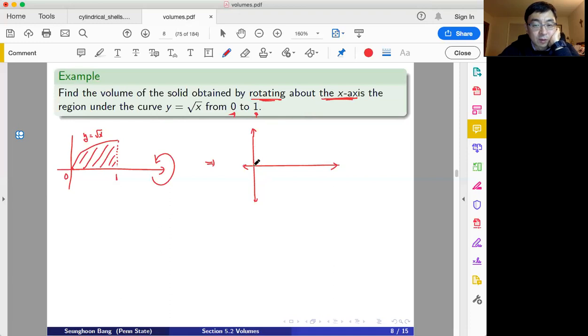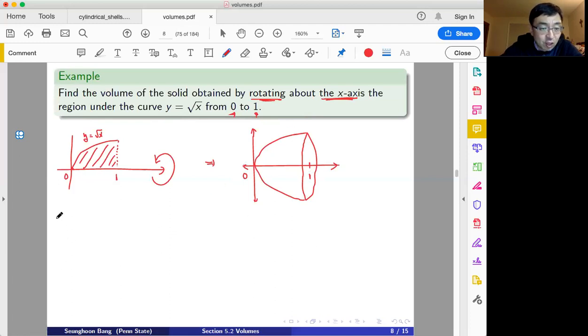You have to rotate, we have like this. This one. So this is 1. This is like 0. So we have it. Solid. How can you find the volume of a solid?